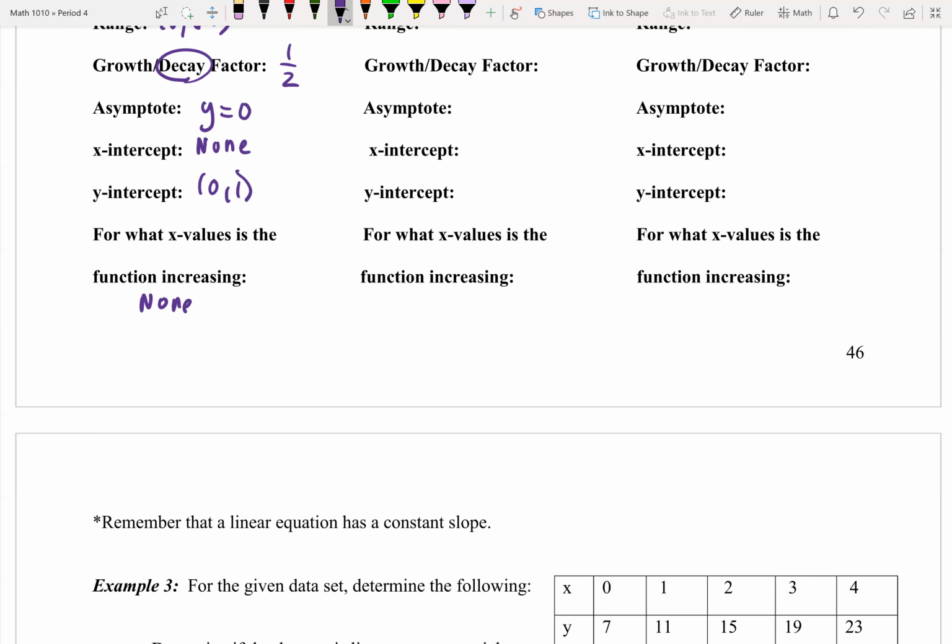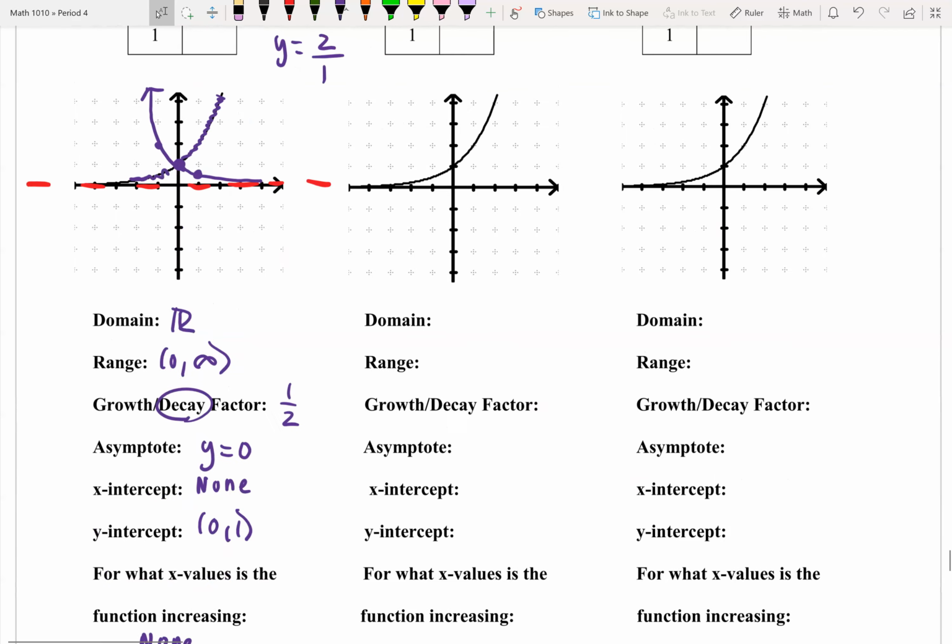I'm going to say none. And then I'm going to add in the word decreasing. You can't say all real numbers for decreasing. Remember, there are the x values from where it begins to where it ends. So that would be negative infinity to infinity. And that's it.